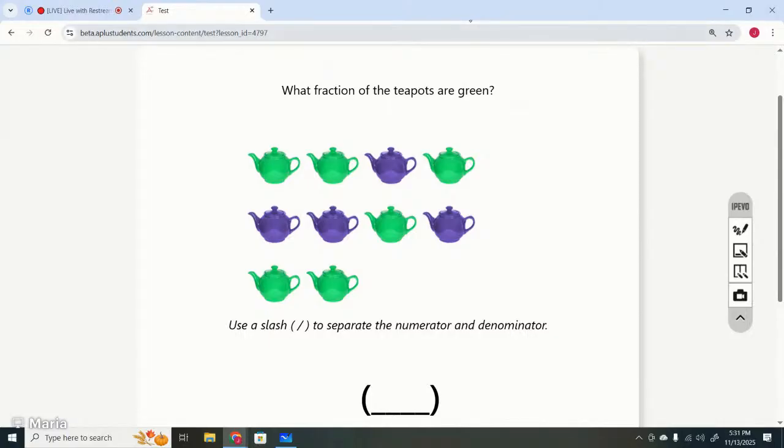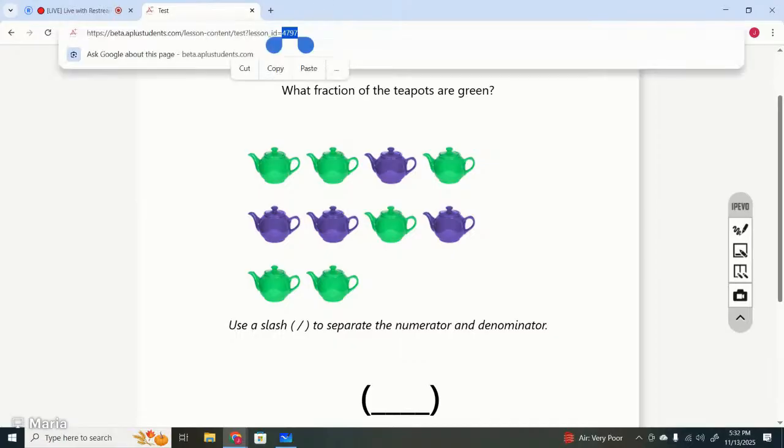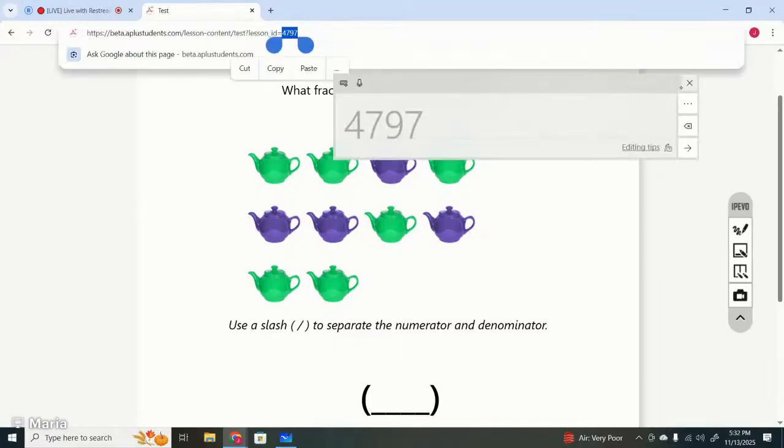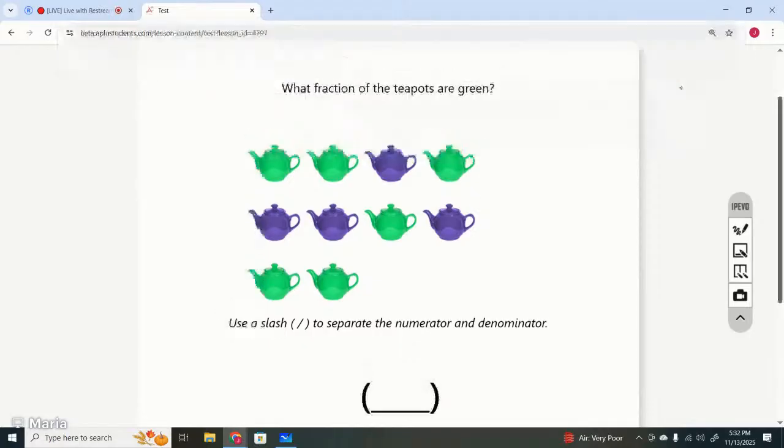What fraction of the teapots are green? So the correct option is 4 out of 10. 4 of them are purple.